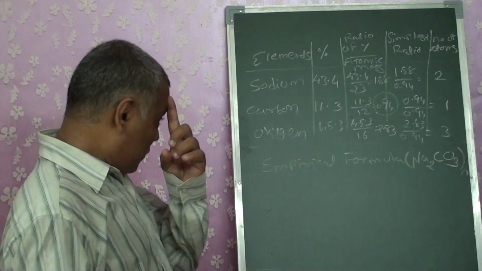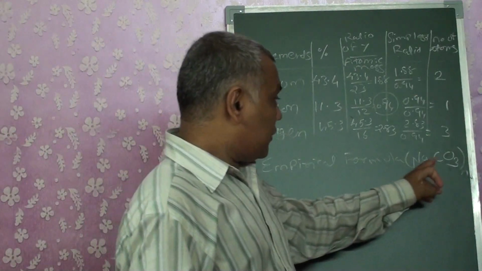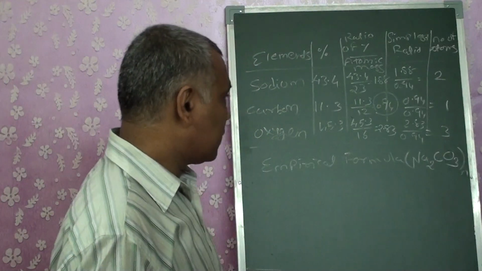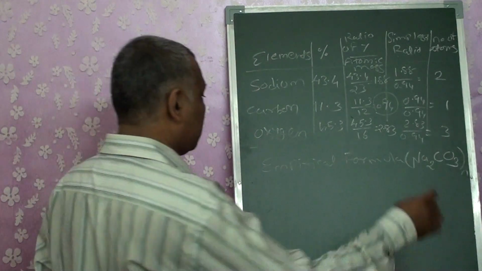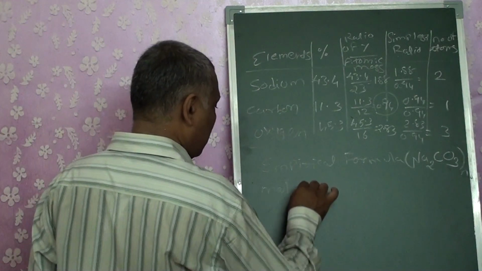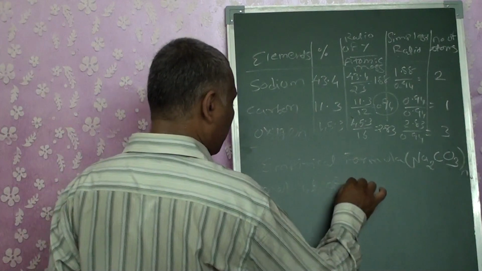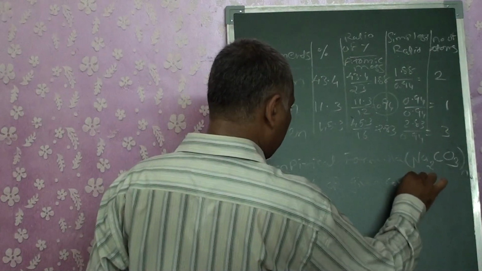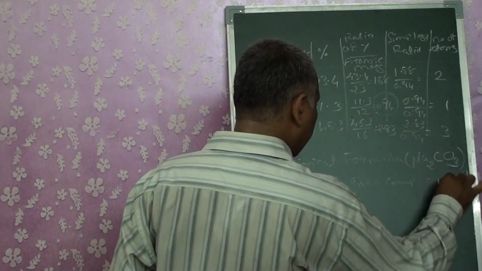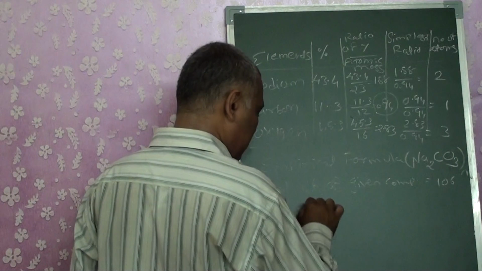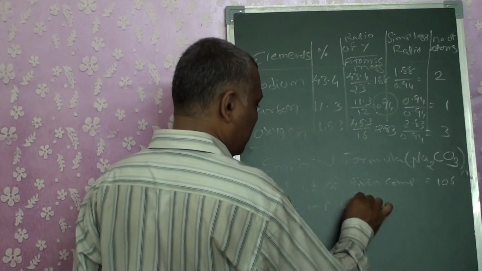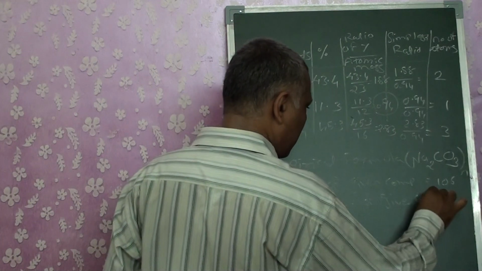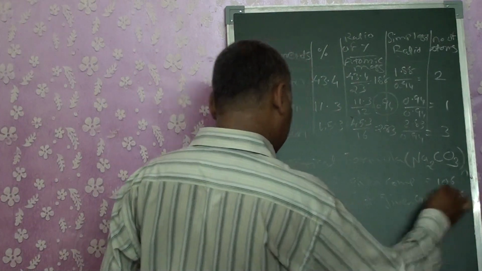Now, 46, 48, 96, 106. Molecular weight of the given compound is 106. Empirical weight of the given compound is also 106.